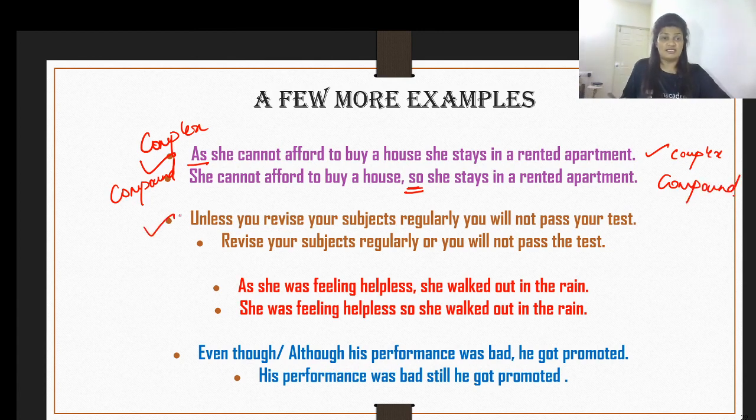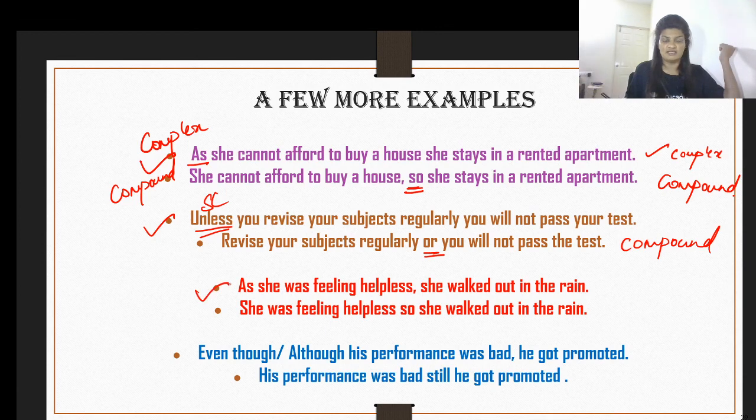Next one is, unless you revise your subjects regularly, you will not pass your test. So there you have your subordinating conjunction. You got to convert that into coordinating conjunction. Revise your subjects regularly or you will not pass the test. So there you have your compound sentence.